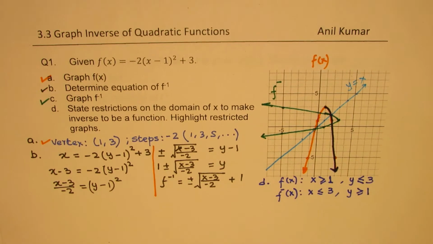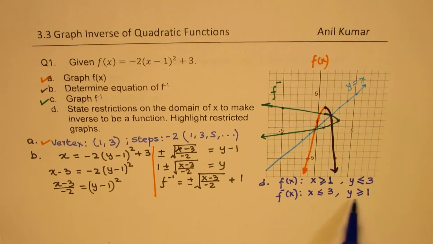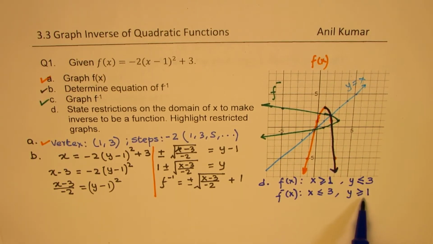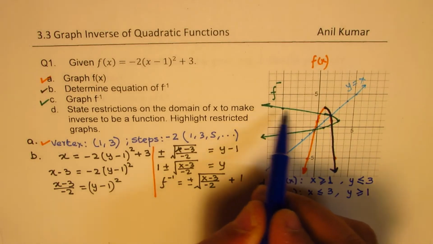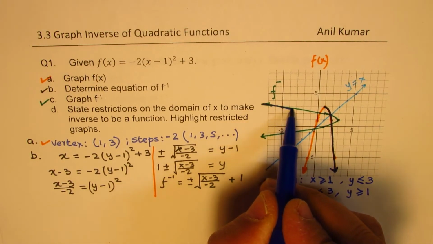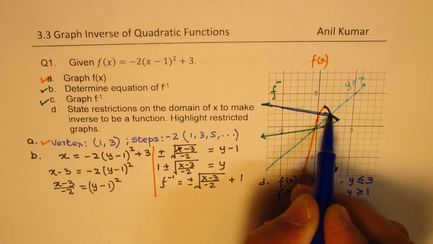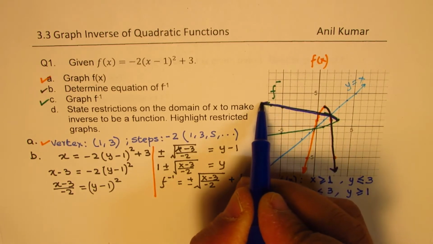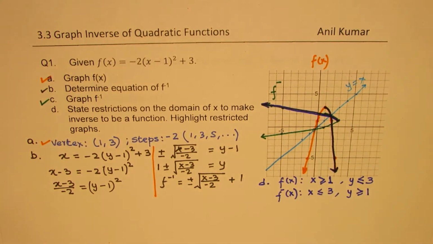Clearly, you can see from here that y is greater than or equal to 1. That means we are talking about the upper part of our inverse. Do you see that? So we're looking into this part of our inverse, right?